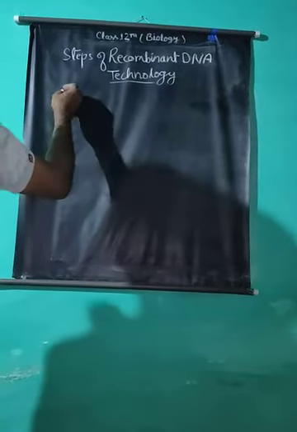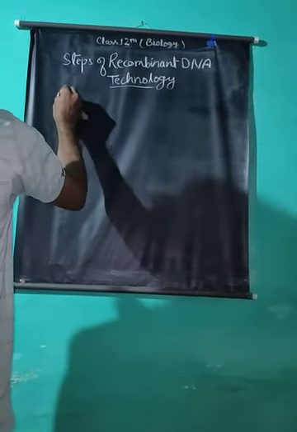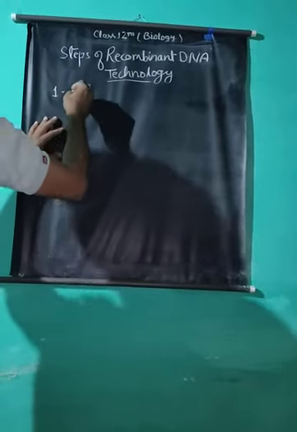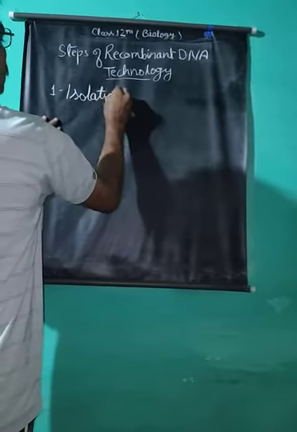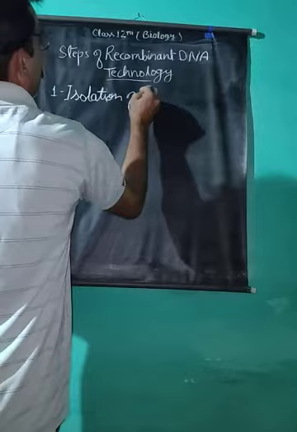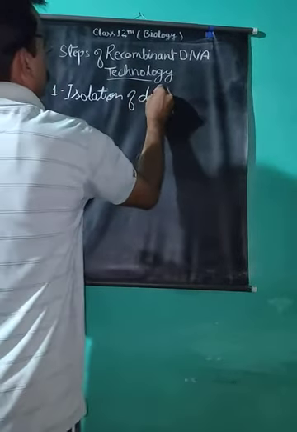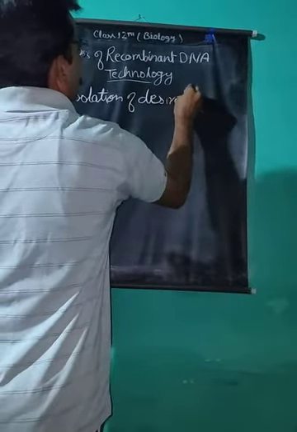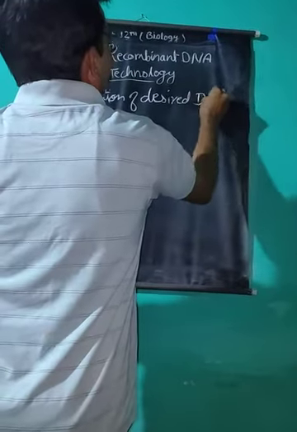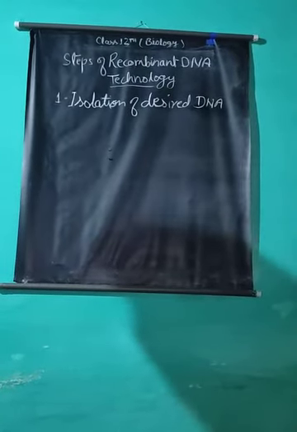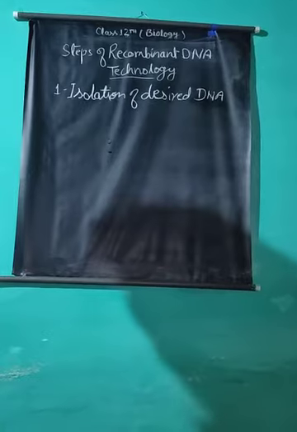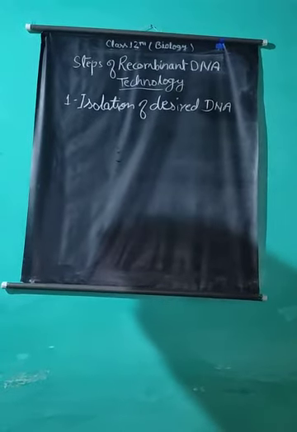The mechanism of recombinant DNA technology involves the following steps. First is isolation of desired DNA or desired genes or functional DNA segments from the eukaryotic cells.